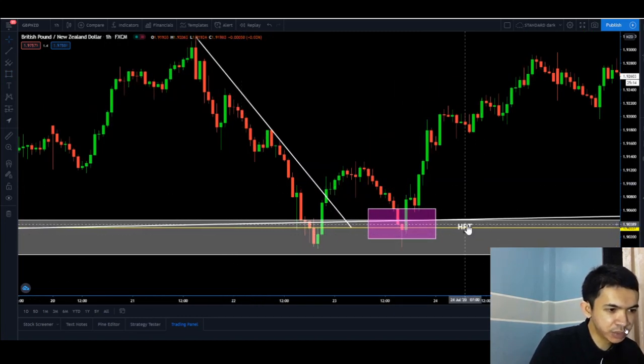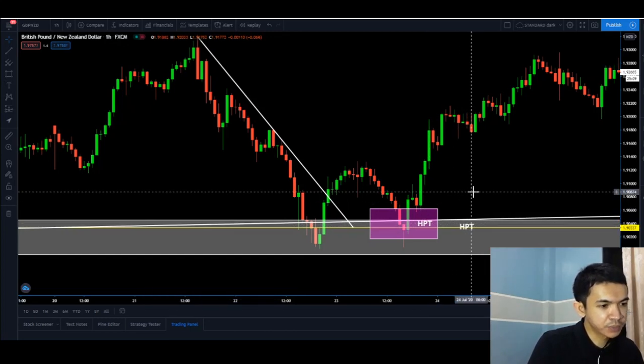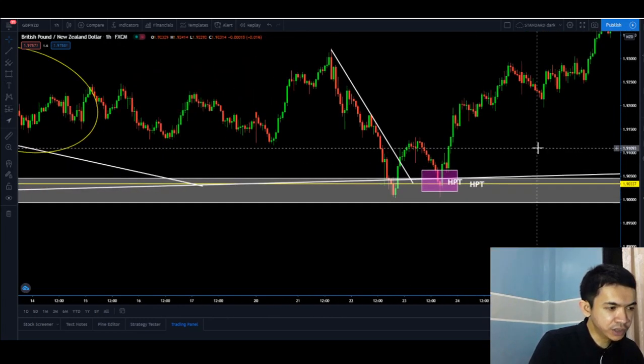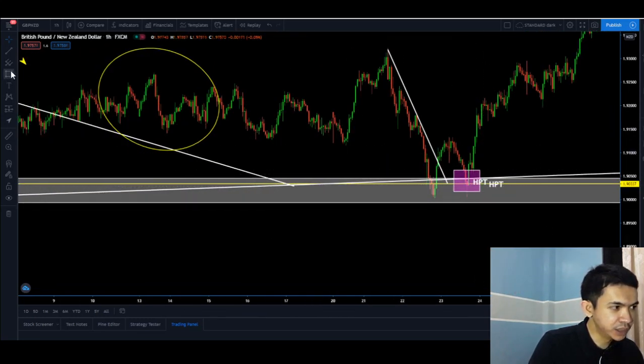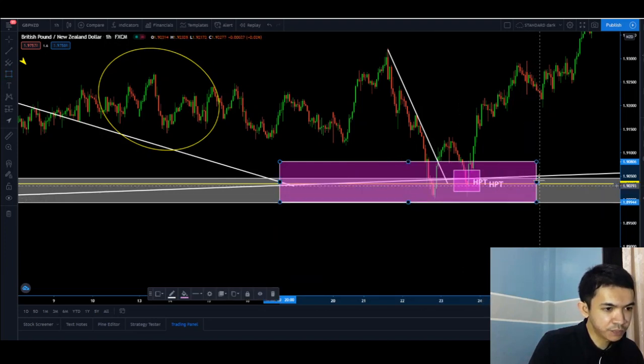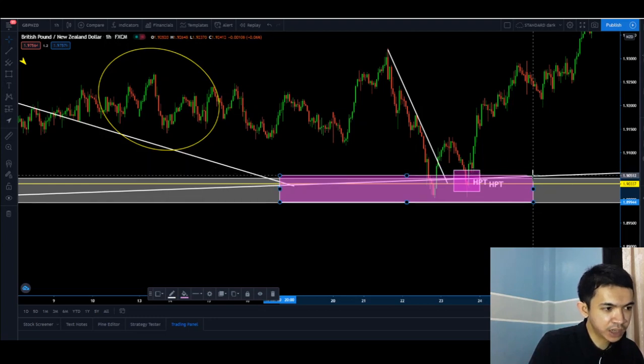Another HPT, but this time on an hour, H1 time frame. Again, initially we are on a bigger daily high probability trade area or zone. What I did was do the same process again.